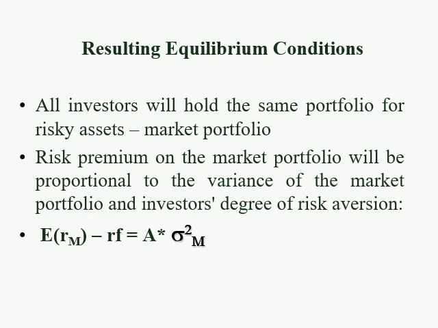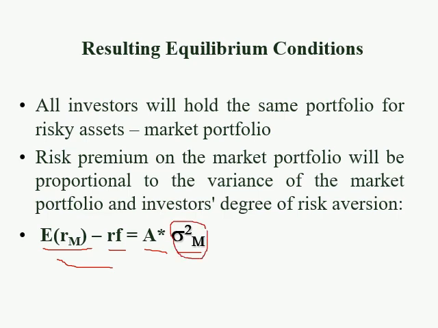The equation: the expected return of the market, E(R_M) minus R_F, or the expected return of the market minus the risk-free rate, will be equal to A multiplied by sigma square M. That is, the excess return of the market will be equal to A, the degree of risk aversion, multiplied by sigma square M, the variance of the market.